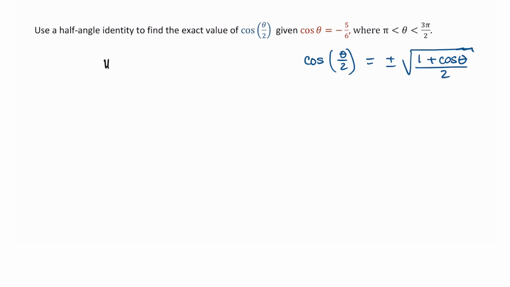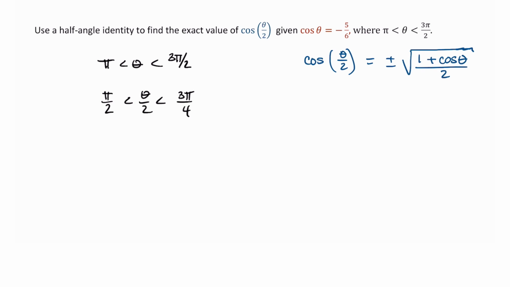So we know that theta is between pi and 3 pi over 2, and I want information about theta over 2. Well, that means that if I multiply all parts of the inequality by 1/2, I now get an inequality in theta over 2, which means the left side becomes pi over 2, and the right side becomes 3 pi over 4, which means that theta over 2 is in quadrant 2.